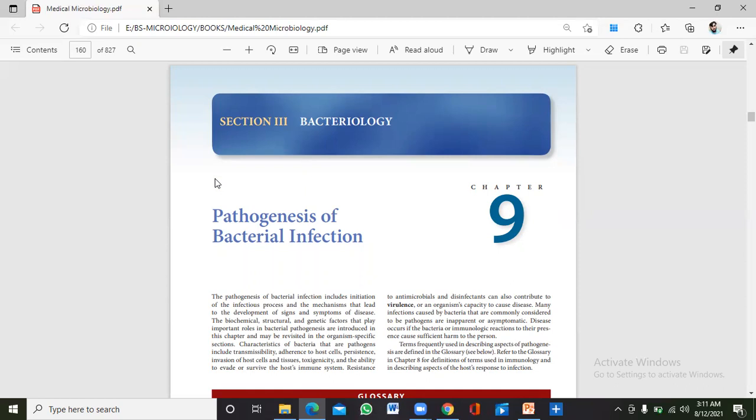There is a special subject in the BS microbiology, the bachelors of microbiology, known as bacteriology. So all the important and relevant information you can study from this section. All the infections and their diagnosis are included in this section.